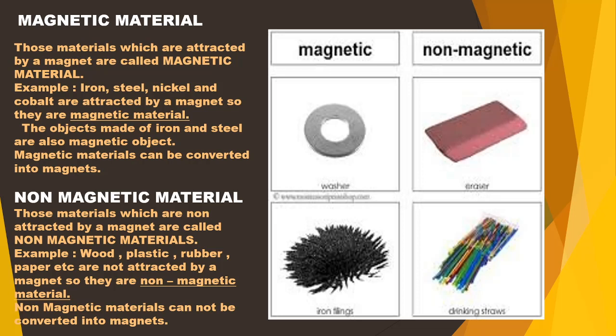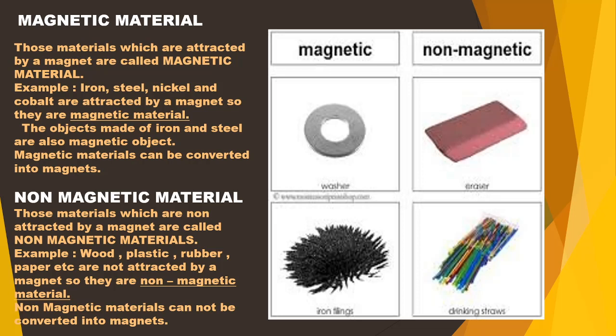Next, we will discuss the properties of non-magnetic material. In the picture, you can see there is a book, or a wooden plate. These materials, on the contrary to the magnetic material, are not attracted by the magnet, and hence they are called non-magnetic materials. What are the examples?